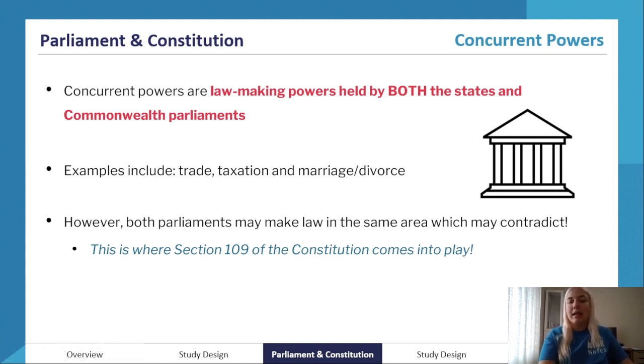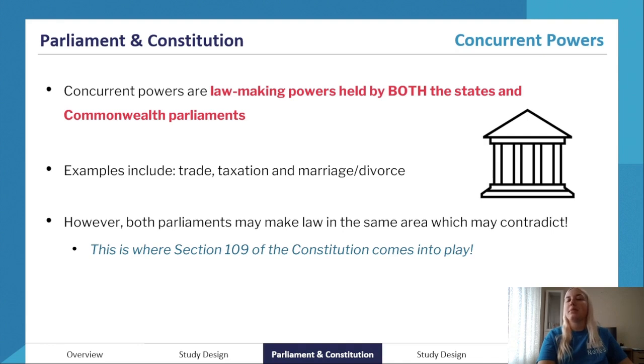Wouldn't we have overlapping laws or different laws if that is the case? This is where Section 109 of the Constitution comes into play, which explains exactly what will happen if both a state parliament and a Commonwealth parliament make law in the same area and the laws contradict. We'll look at that in a second.